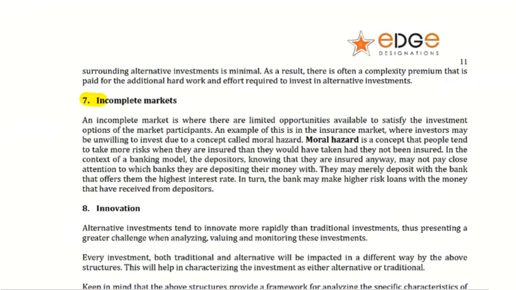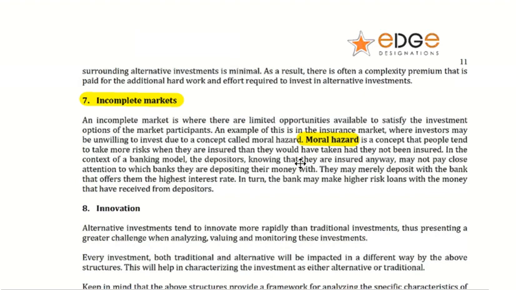Top of page 11, we talk about incomplete markets. An incomplete market is where we've got limited opportunity to satisfy the investment options of the market participants. For example, we've got this concept, and we'll deal with this much more as well: moral hazard. Moral hazard is when people behave differently.